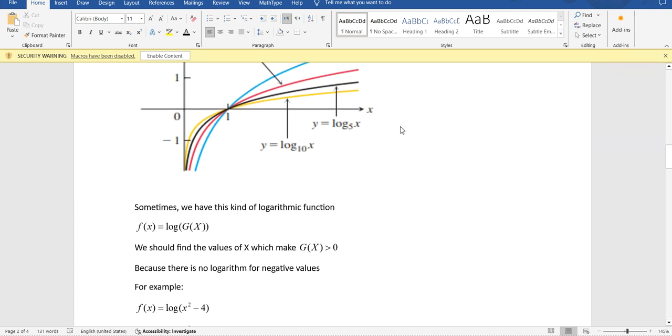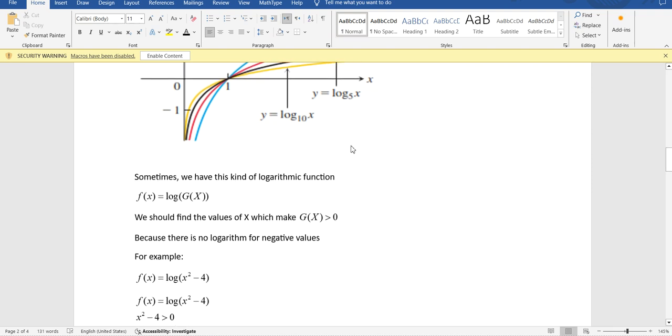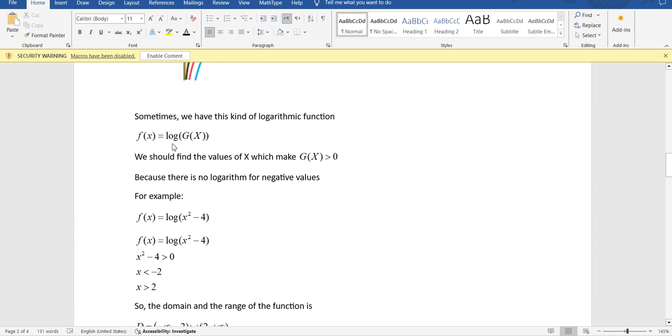So let's see another idea. Sometimes we have this kind of logarithmic function, f of x equals log of not x but g of x, a function inside the logarithm.